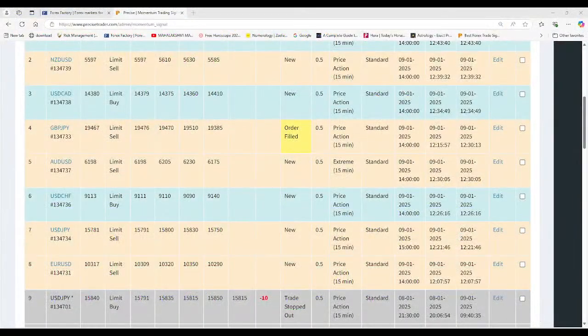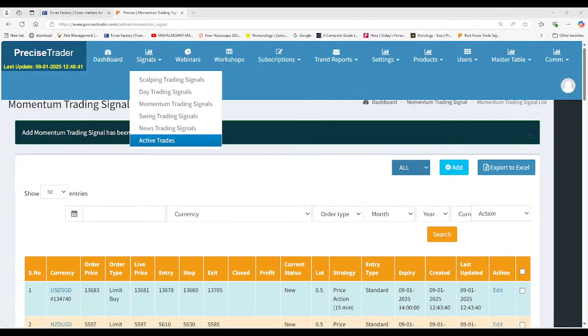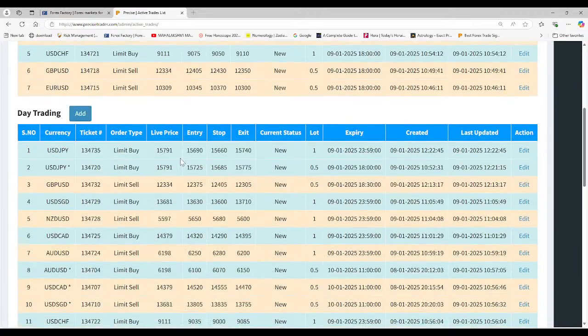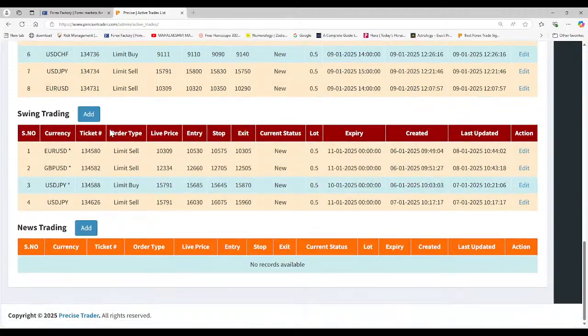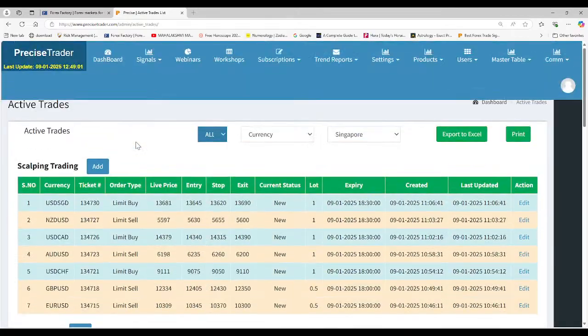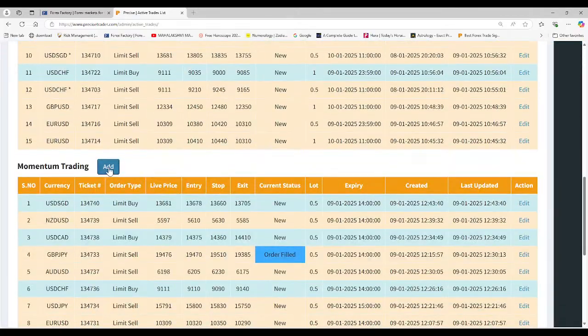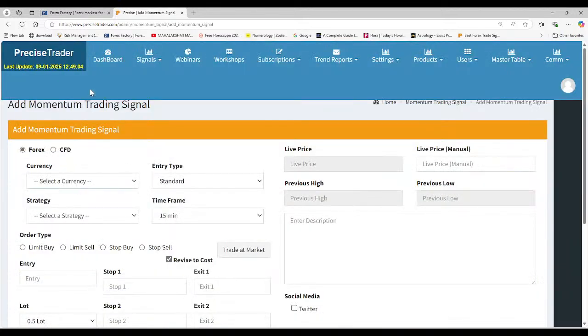Okay, let's see whether we have given any signals. We don't have any signals for gold. So now what we are going to do is a momentum trade, gold. Look to sell near 2659.